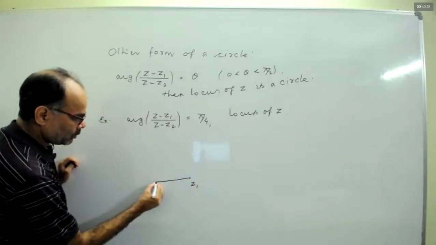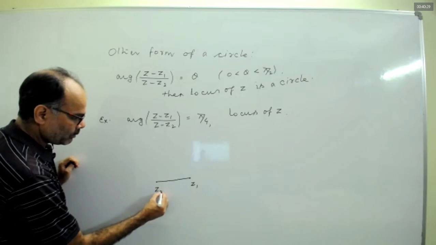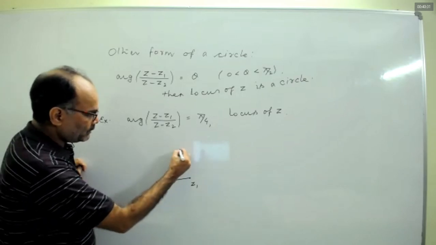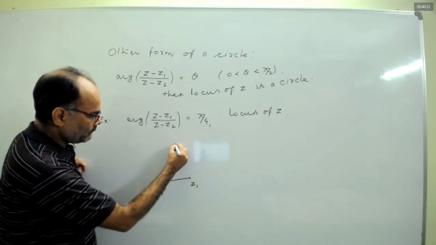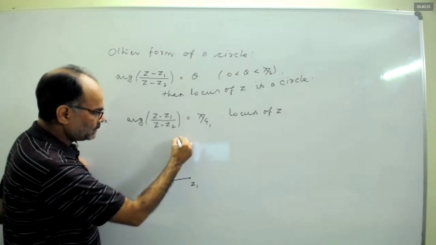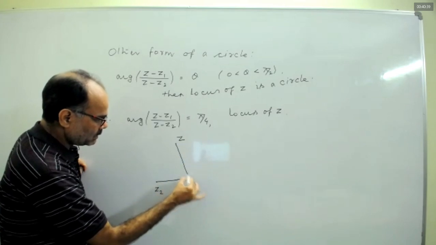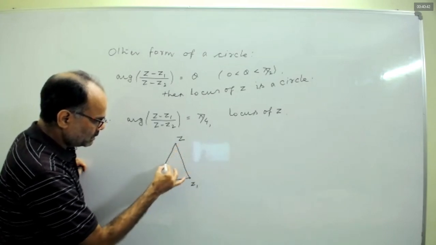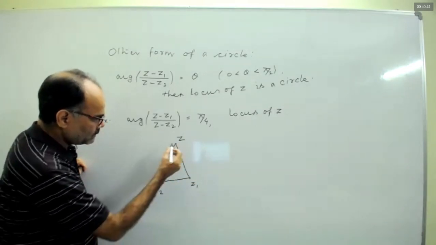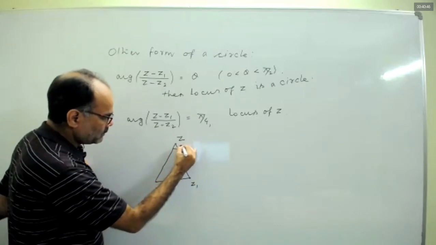This is Z2. Now pick up the point here, Z. This angle is pi by 4.